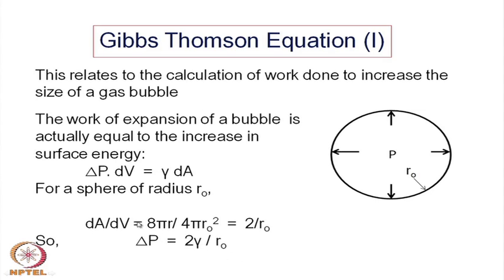So, that is the relationship between the pressure required to put the bubble in equilibrium, and what size r0 will be determined by the surface energy term as well as the pressure term.